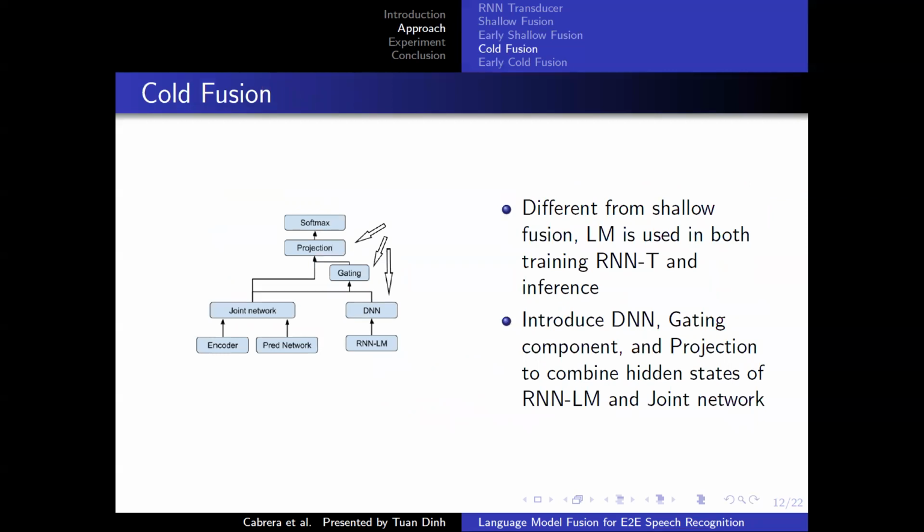Another existing approach is cold fusion. Different from shallow fusion, the language model is used in both training RNN-T and inference in cold fusion. Cold fusion introduces a DNN component, a gating component, and a DNN-based projection to combine the hidden state of the language model and the joint network.